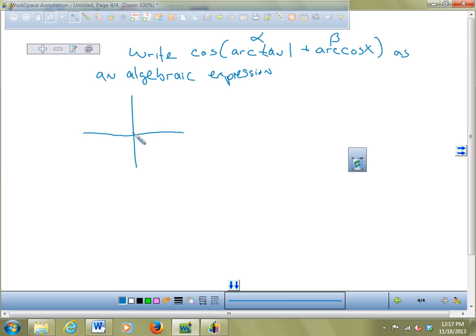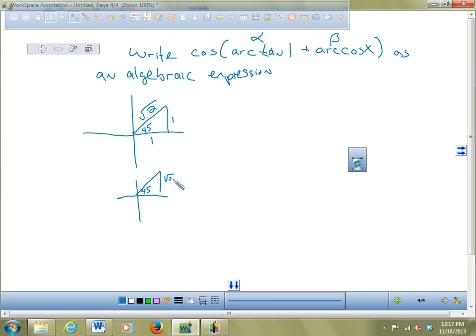You guys know? 45. Very good. 45 degrees. When that angle there is 45 degrees, tangent is 1 over 1, and then you could do the Pythagorean theorem to find this comes out to be square root of 2.